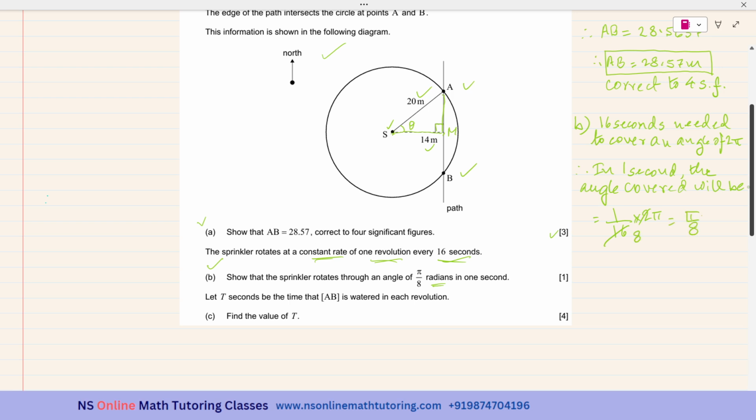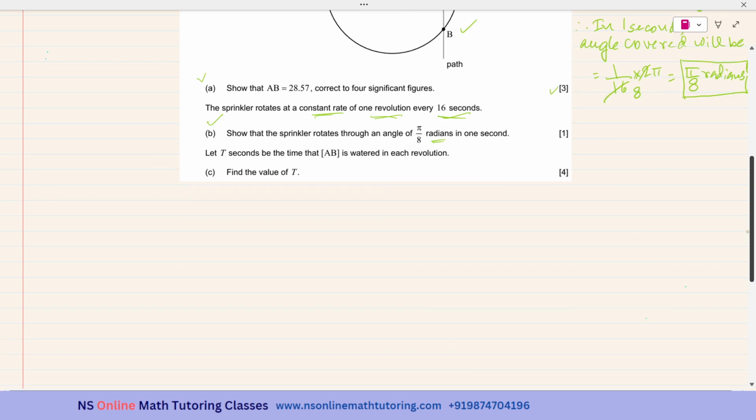Because they have written radians, I'm writing radians, but it is actually not required. Okay. Shown.